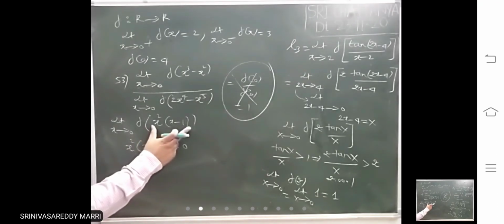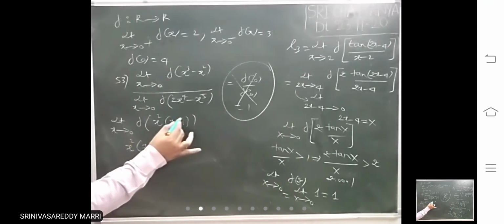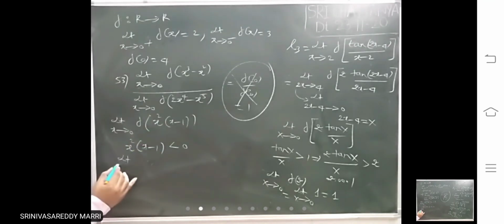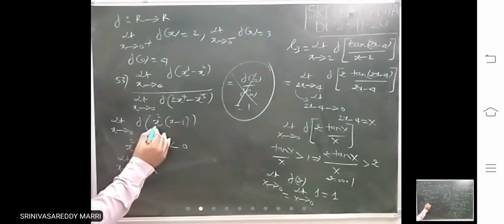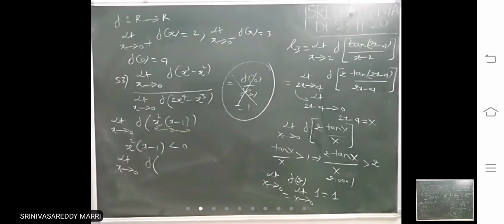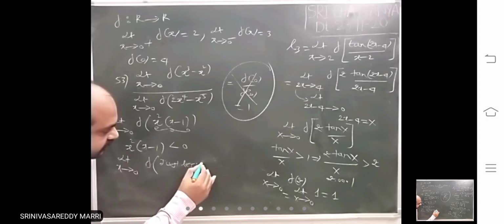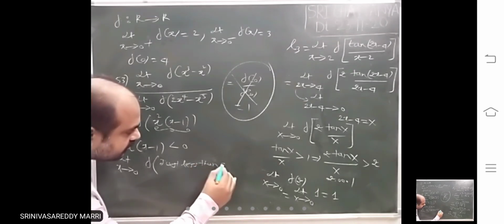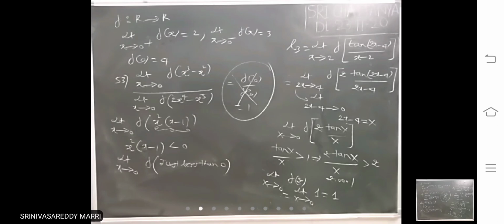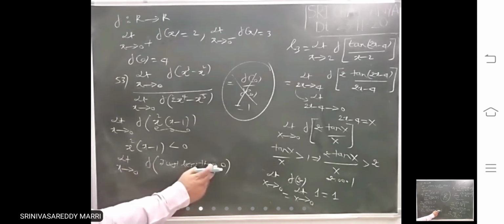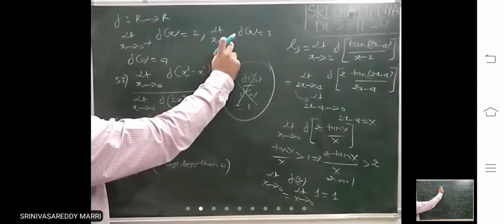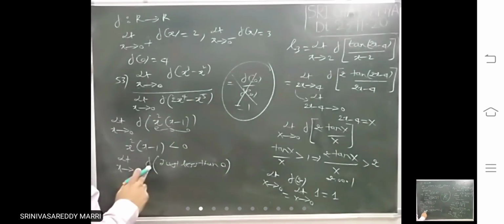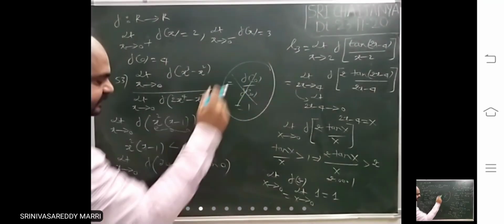That means limit x tends to 0, f of this value, how it will be? Just less than 0. F of just less than 0 means 0 minus. F of just less than 0 value is nothing but 3.